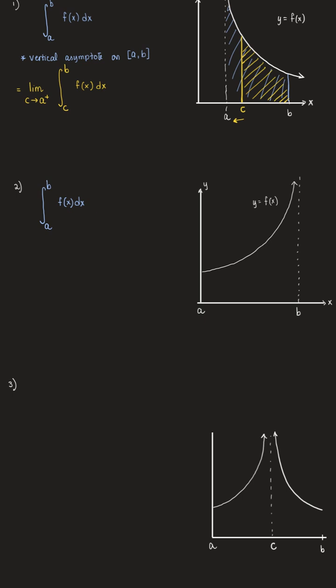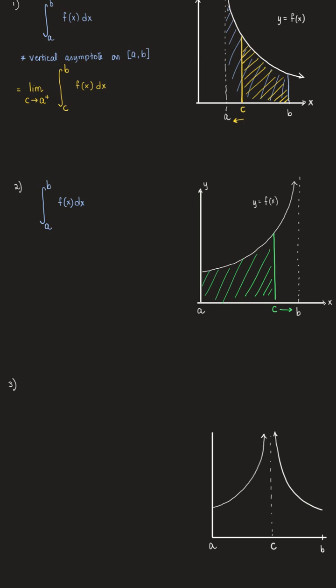And we're going to do something very similar as before. We're going to find an expression for the area between our function and the x-axis from a to this parameter c. And then we're going to let c approach b from the left-hand side and see if we can get a finite numerical value from that limit.